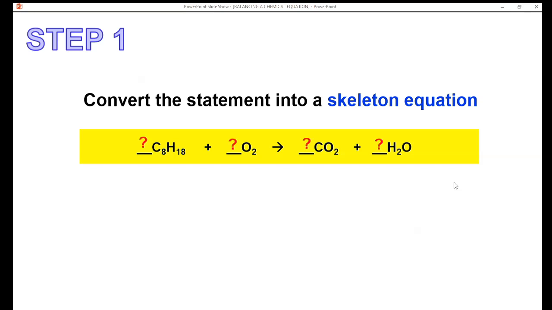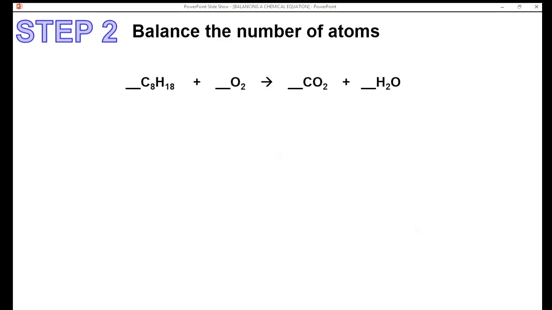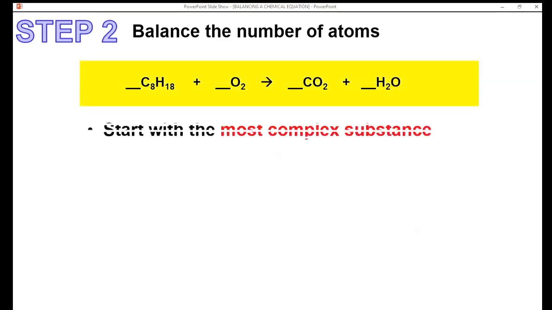The second step is that we need to balance all the atoms in the equation, in terms of the number of moles of each atom. So how to balance them? First of all, we are going to start with the most complex substance.